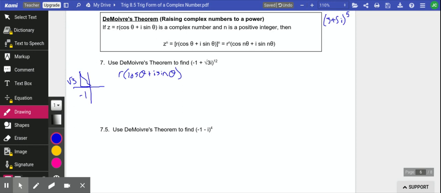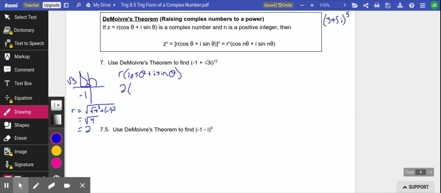Okay. So to find r, that's just our distance formula, or Pythagorean theorem. Or you might have just recognized that. Might have been the easier way. So this is going to be 2. And then theta, clearly that's a 60-degree angle, but we're in the second quadrant.